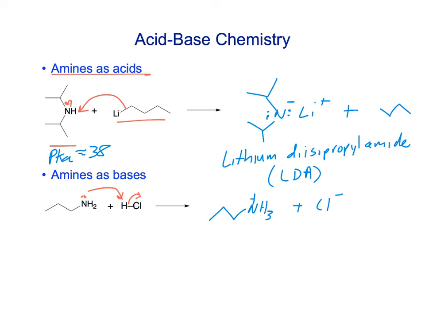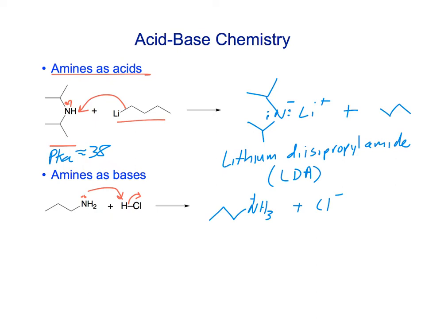All right, so how do we tell for a reaction like this, acid-base reaction, which direction the equilibrium would lie? Doesn't this depend on the pKa? It depends upon the pKa of the two acids.